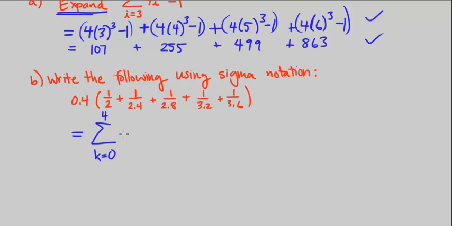What stays the same every time is 0.4 times 1 over something.